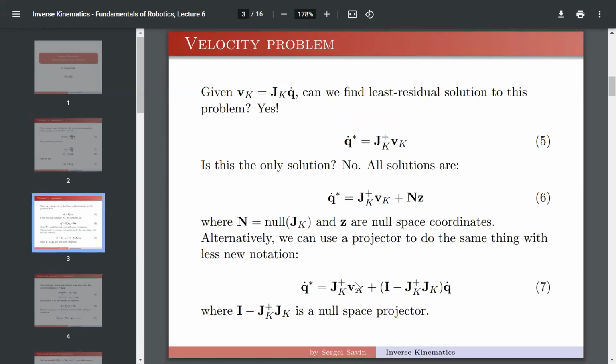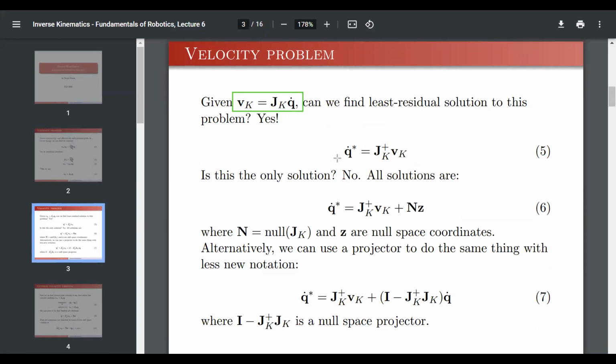Good. Now, if we have this expression, can we find a least residual solution for this problem? Least residual means smaller discrepancy between the left and the right. Can we? Well, of course we can, right?